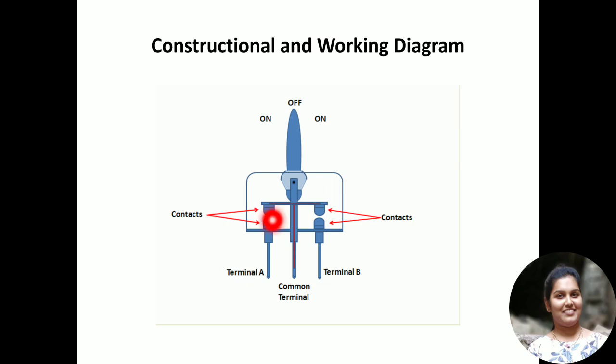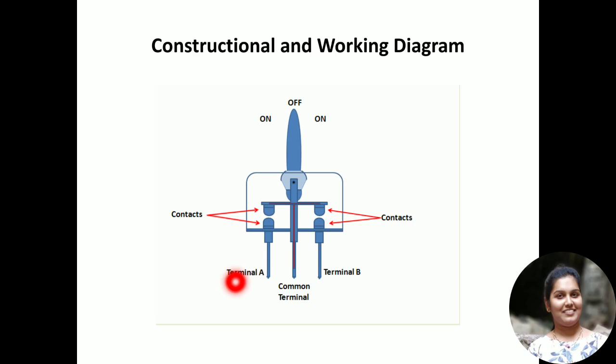Okay, so here we see two terminals, terminal A, terminal B, and there is one common terminal here. As this is a 3 position toggle switch, between terminal A and the common terminal, we can connect one electrical circuit, and between terminal B and the common terminal, we can connect another electrical circuit, right?